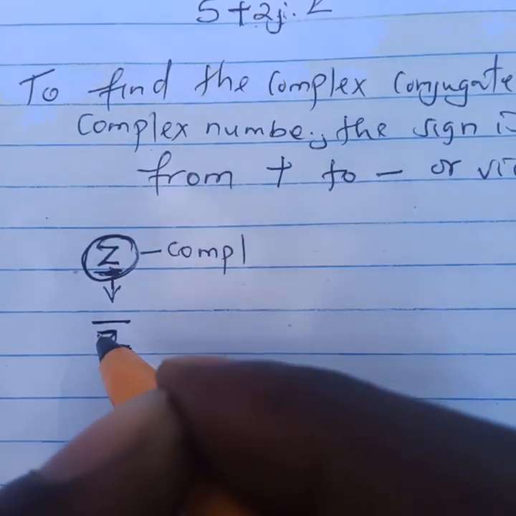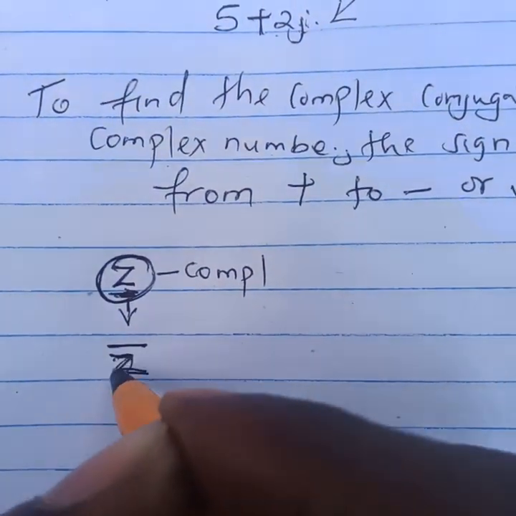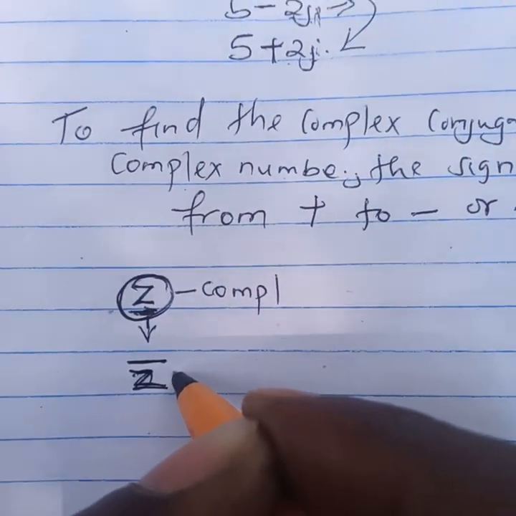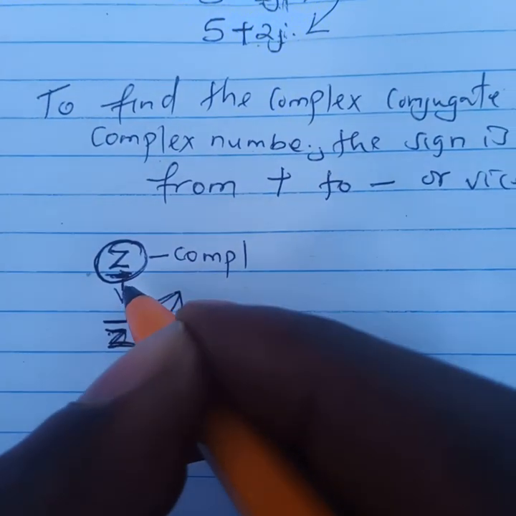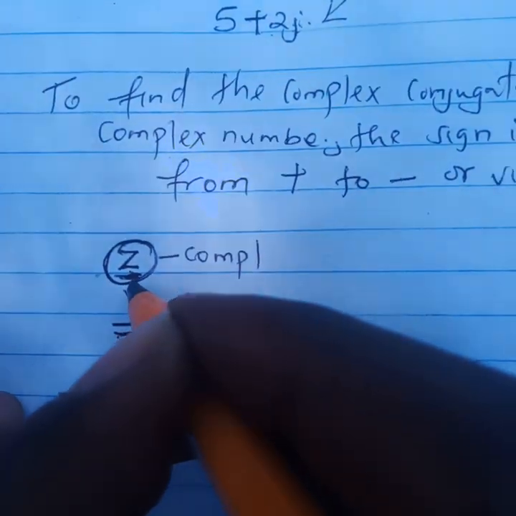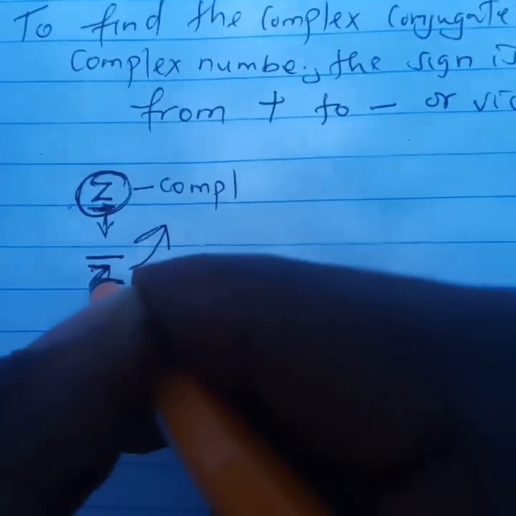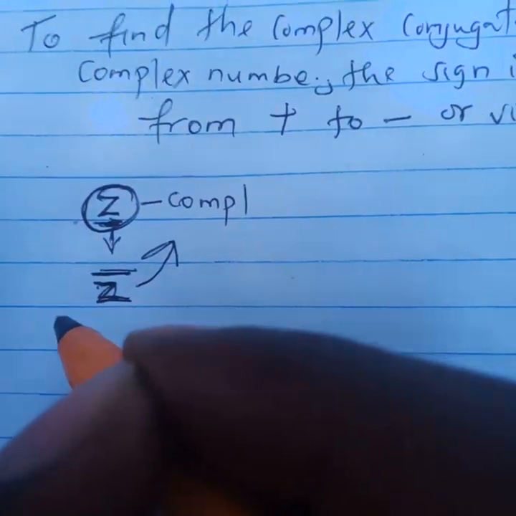So when you see anything written as Z bar, this is a conjugate of a complex number. So we denote a complex number with the letter Z, and we denote the conjugate of a complex number as Z bar. Get that one clearly.